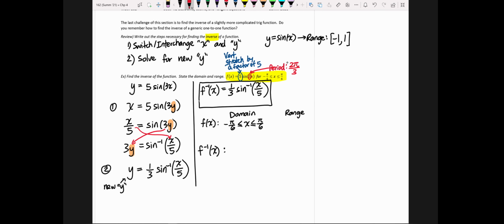So if we take our original parent function, change the period to 2 pi over 3, and then vertically stretch it by a factor of 5, for f of x the range would be -5 to 5. Period 2 pi over 3 does not affect range, but the vertical stretch by a factor of 5 does. So the range for f of x is -5 to 5.